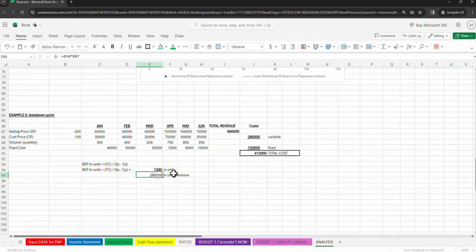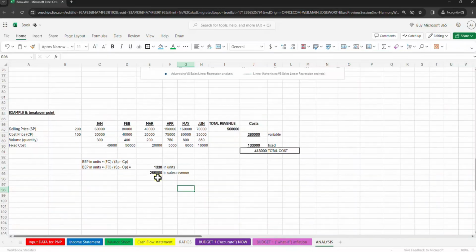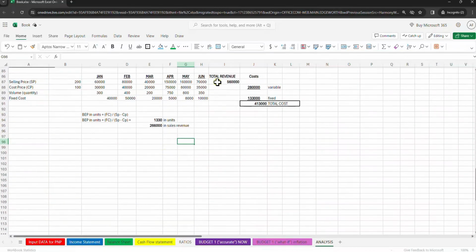Okay, all right, so when you're looking at this analysis, obviously revenue is going to constantly increase to a point. Your costs are going to increase to a specific point, but we need to know where do the costs intersect?